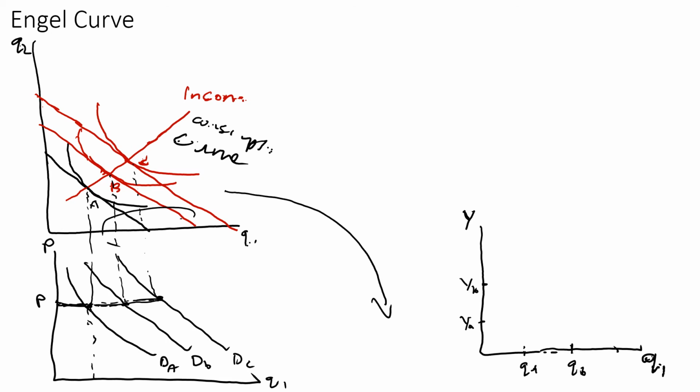This axis can be directly represented in this graph, but since there was lack of space, we are drawing it separately, but hope you understand what we are doing here. And at YC, we are consuming QC. So you can understand it from here.